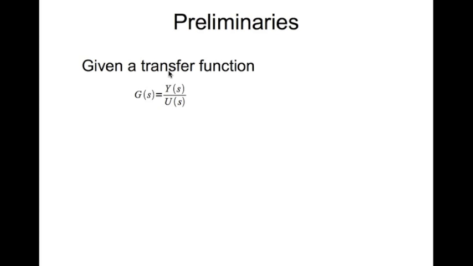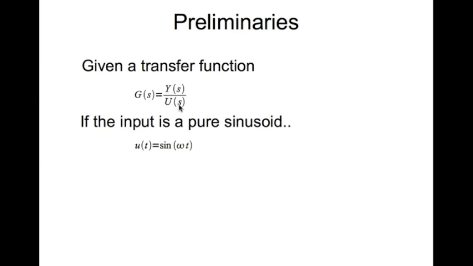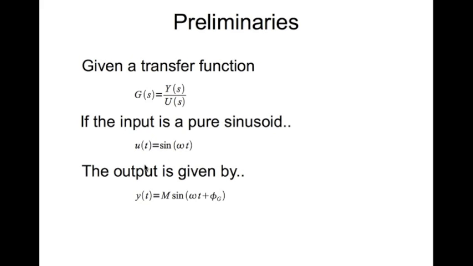Given a transfer function G(s), which is output by input, Y(s) is the Laplace transform of the output, U(s) is the Laplace transform of the input, and given an input signal which is a pure sinusoid, I claim that the output is given by y(t) = M sin(omega t + phi_G), where M is the magnitude of the transfer function evaluated at j omega, and phi_G is the angle of the transfer function evaluated at j omega.